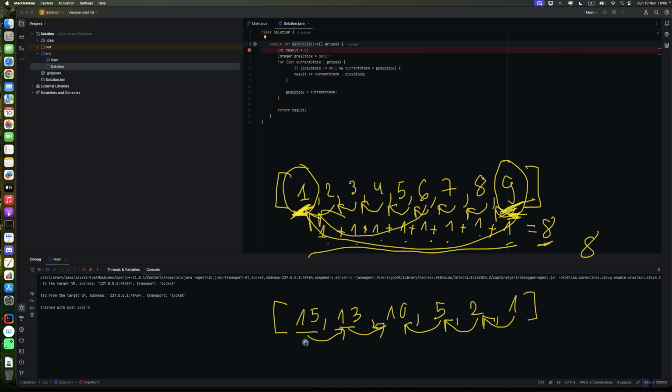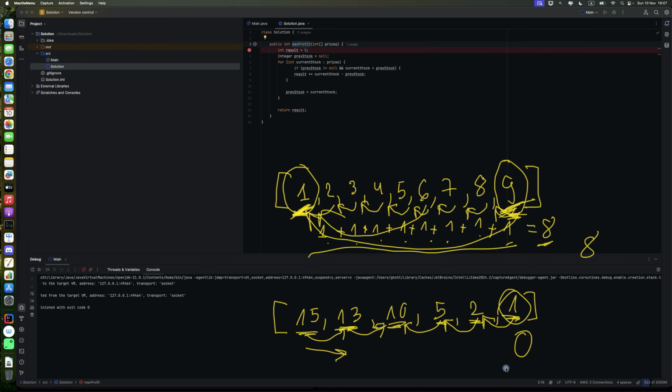And you can see if you look forward, you cannot buy here anything to make profit. You can buy here and sell here, like they say in the description, and you got 0 because you cannot make profit, right?